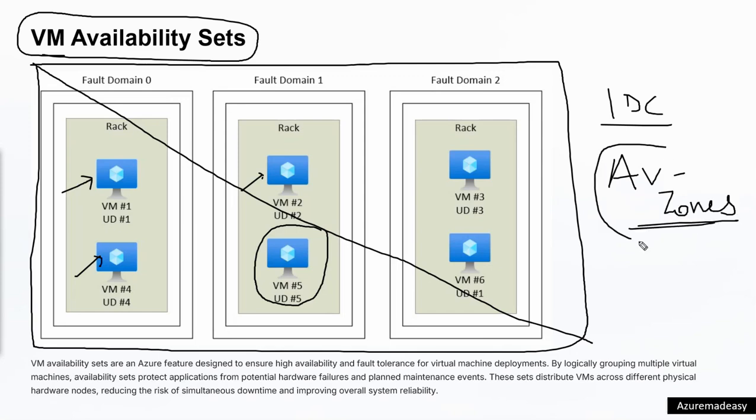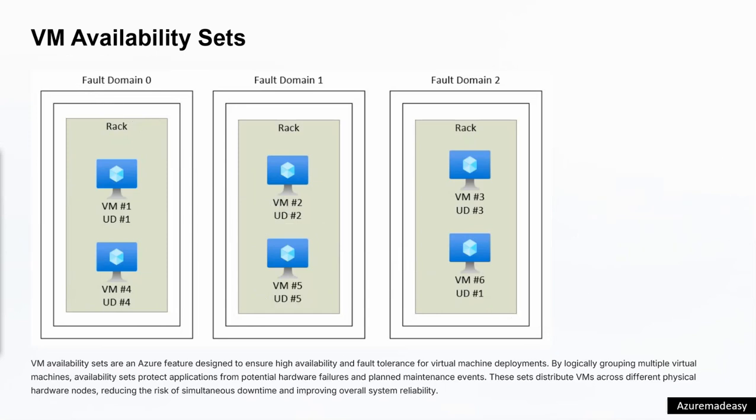If your availability set is not working, or maybe some outage happens, then in that case you can go with availability zones. Why, sir? Because you are dividing the machines into different data centers zone-wise, just like we did a few minutes back. That's why we choose availability zones. So that is what the availability set looks like.